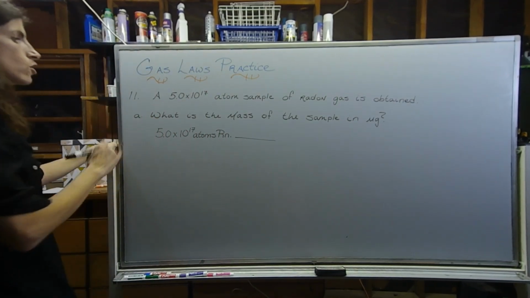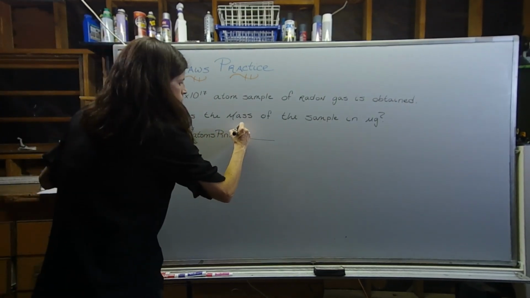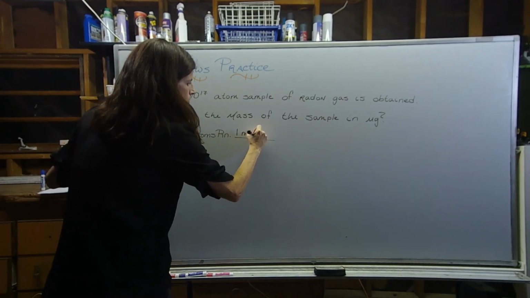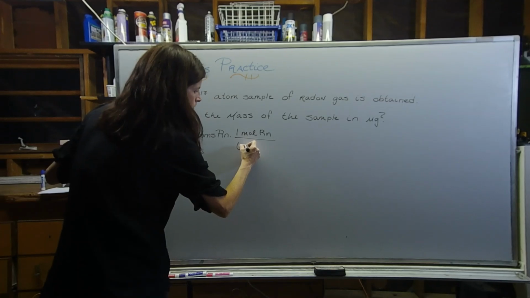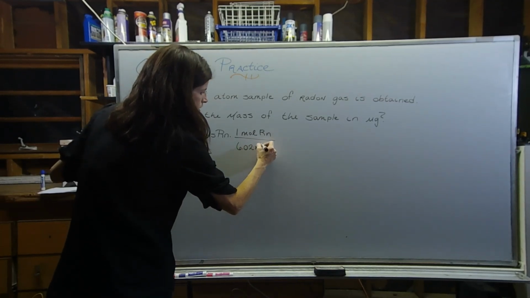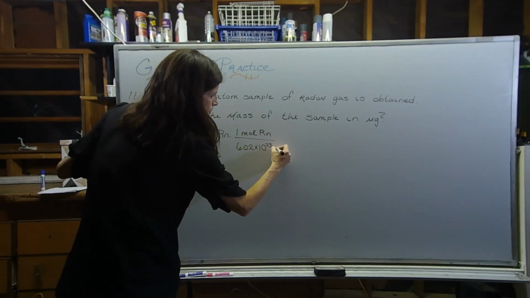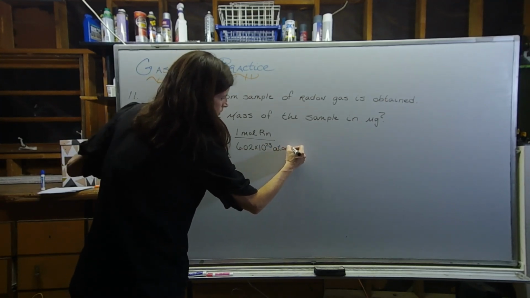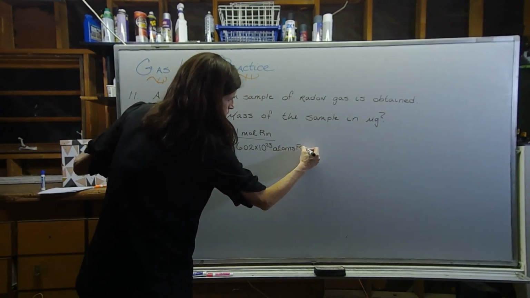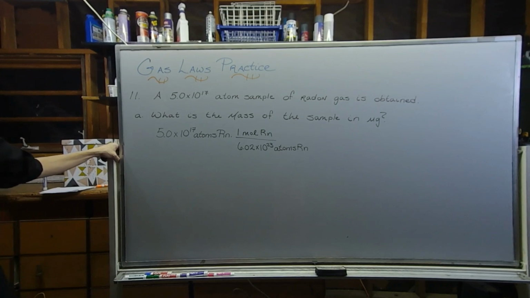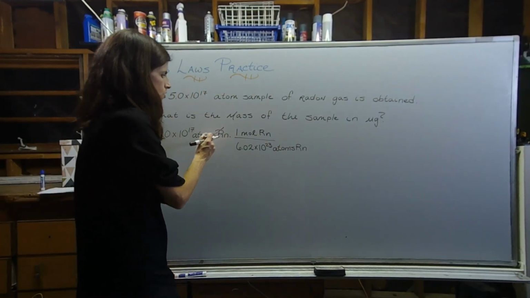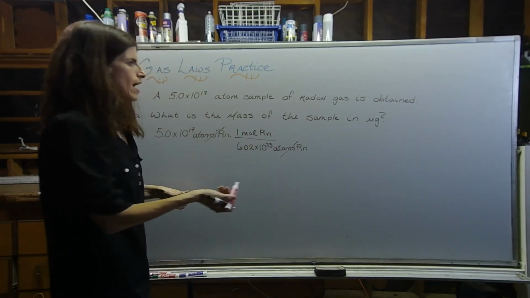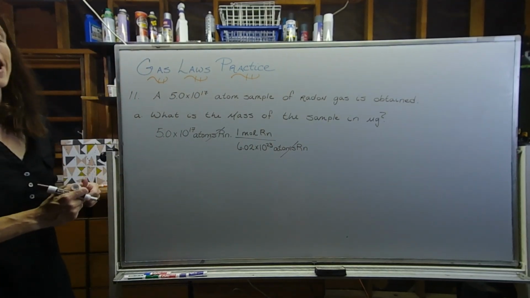And then we can use Avogadro's number, right? So we know that 1 mole of radon will contain 6.02 times 10 to the 23rd atoms of radon. We're not there yet. We did successfully get rid of atoms, but we're asked to convert this to mass.